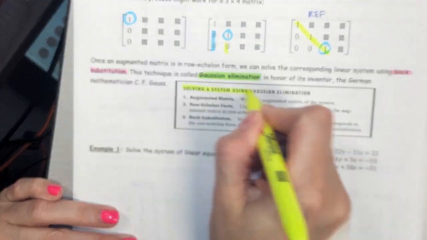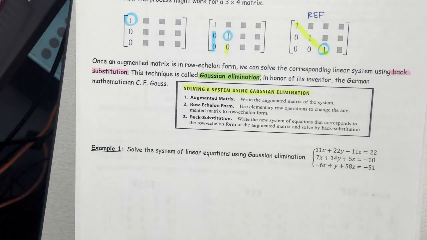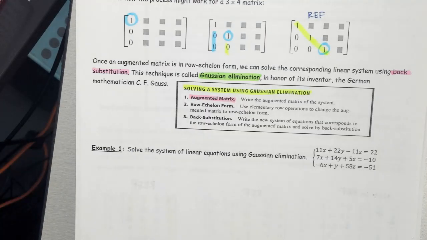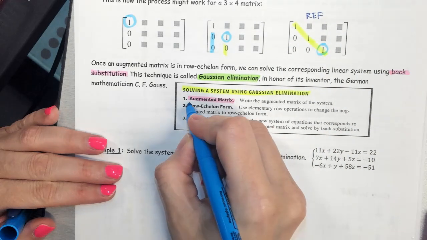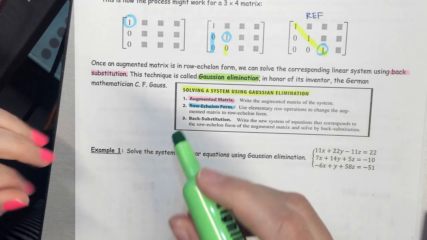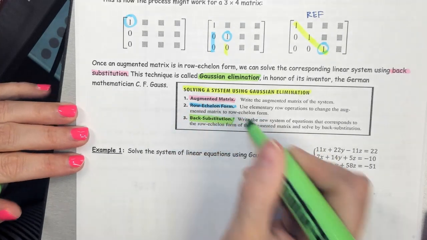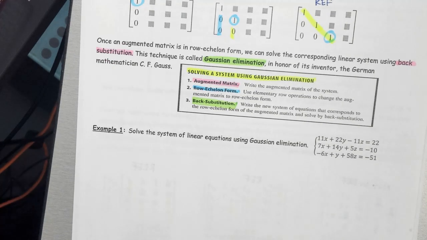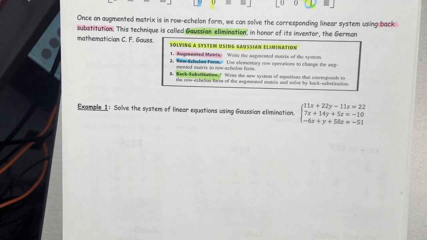When you're solving this system, the first thing you're going to do is write the augmented matrix. So that's just rewriting those coefficients. Then you're going to get this in row echelon form, so using elementary row operations, and then you're going to do back substitution.